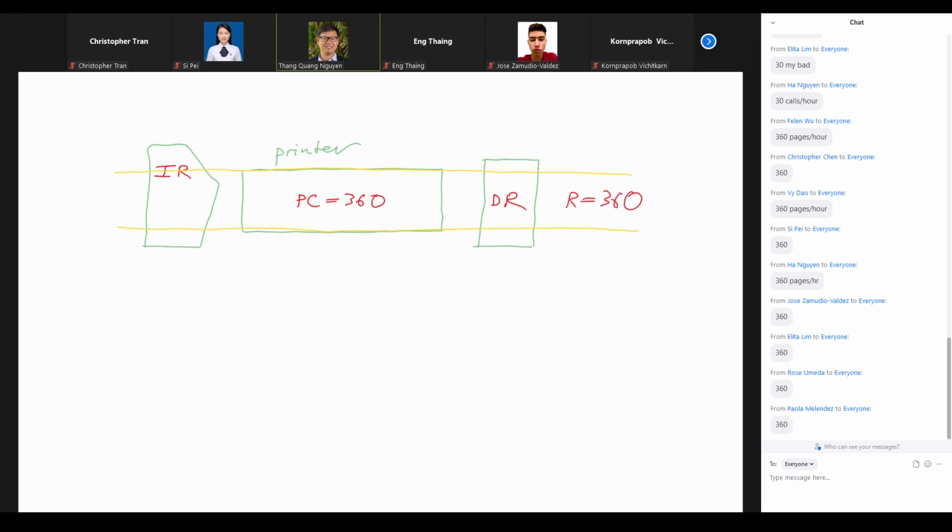Even though we can sell more and we have a lot of paper inventory, we are only printing out 360 pages an hour. Can we do 400? Even though we can sell 400, we cannot do 400. So that's why we do not do 400 here.